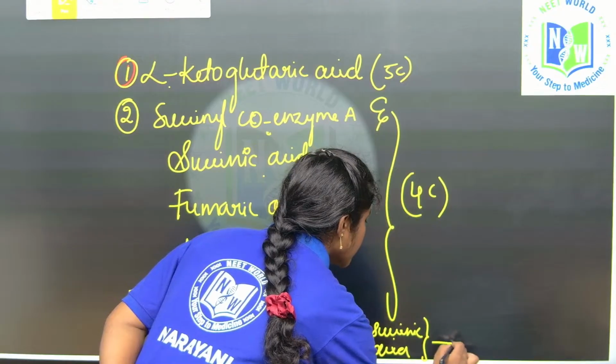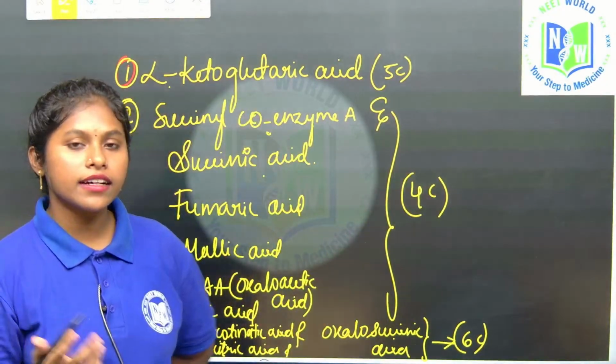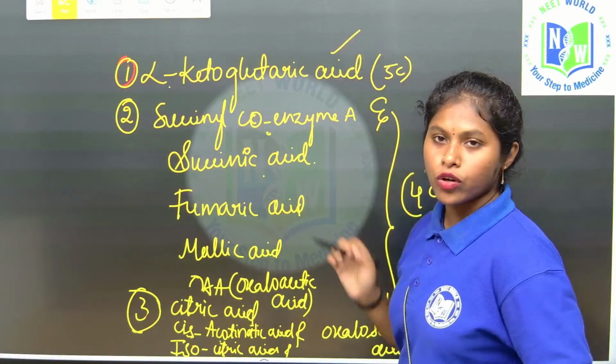These are the 6 carbon compounds in the Krebs cycle. The only 5 carbon compound is alpha ketoglutaric acid.